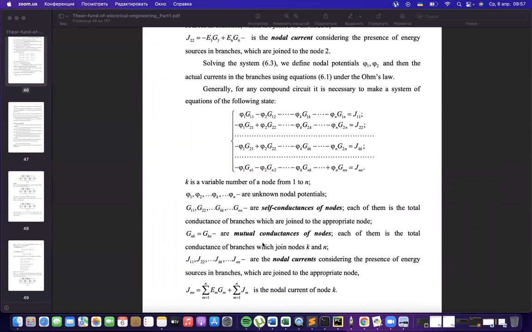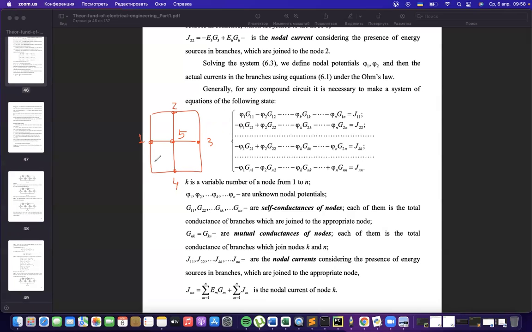Let's see it here. I will go only in the general case without resistors, just as a topological view, just as a general scheme.